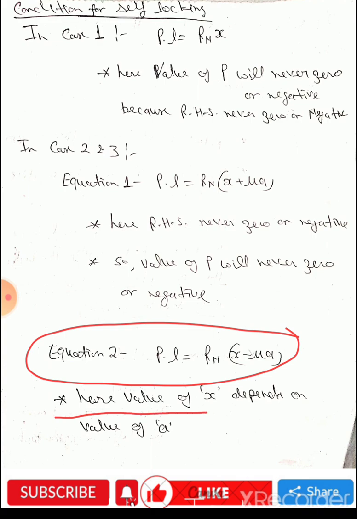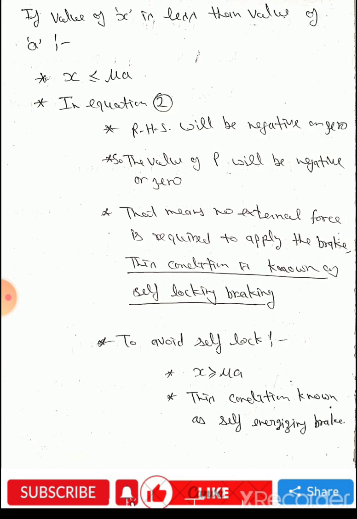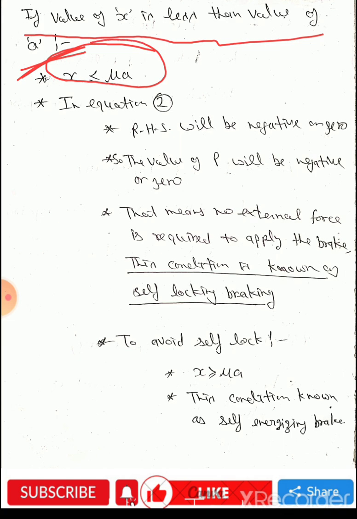Here the value of x depends on the value of a. There are certain values of x and a. If the value of x is greater than the value of a, this is the main condition for the self-locking condition. If the value of x is less than the value of a, we also note x is less than or equal to mu a.